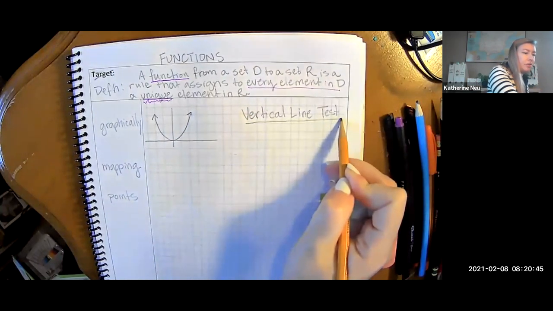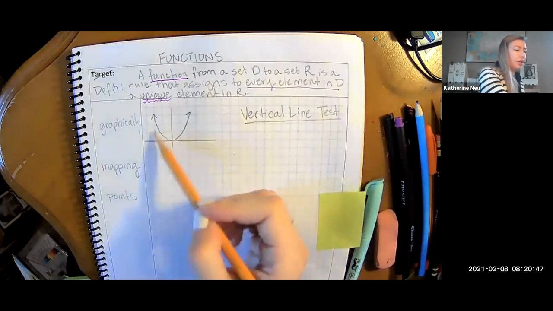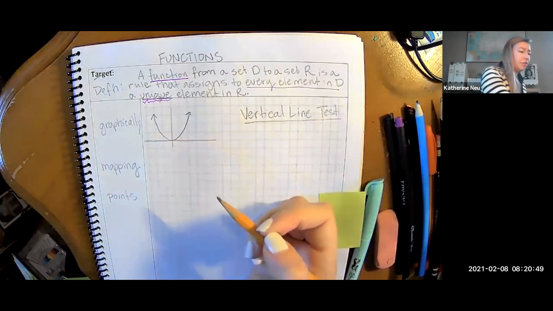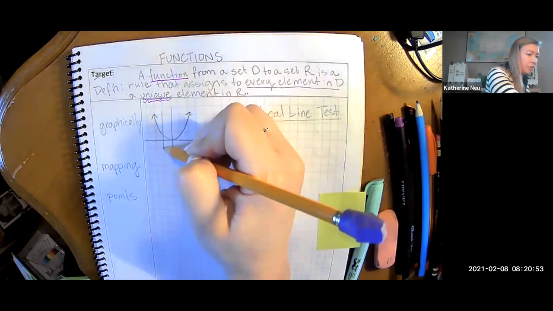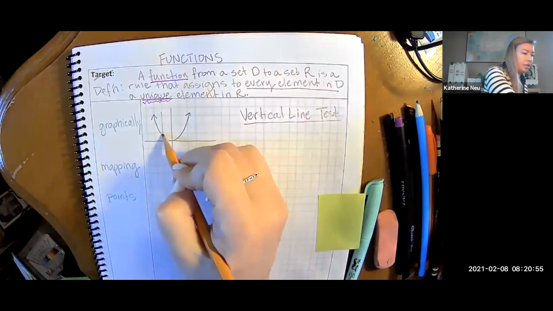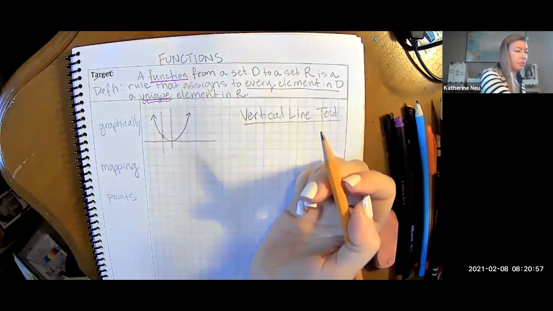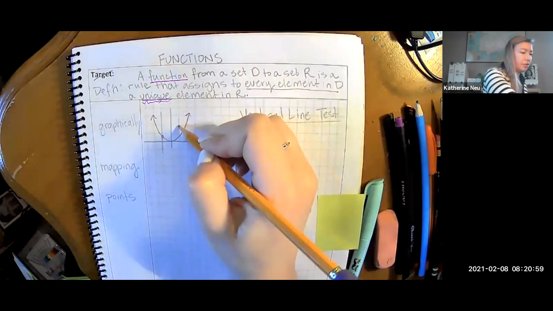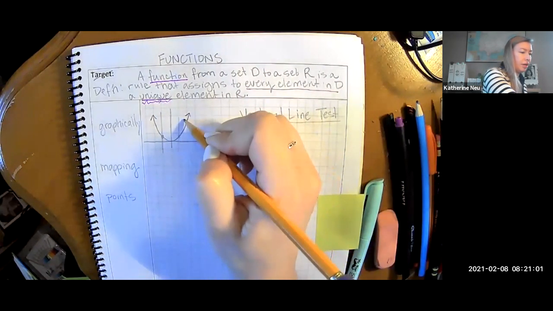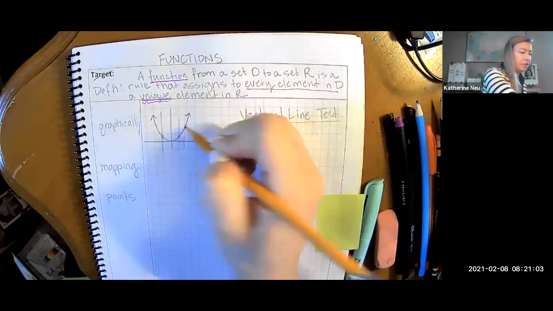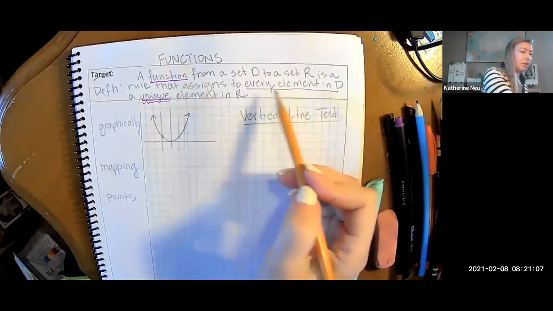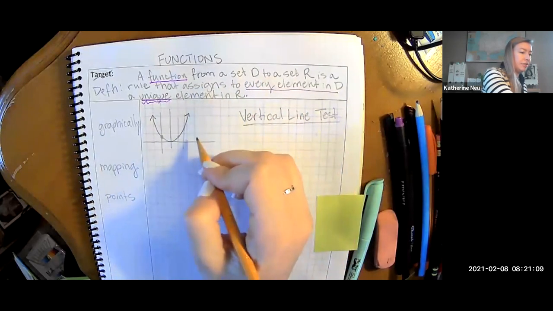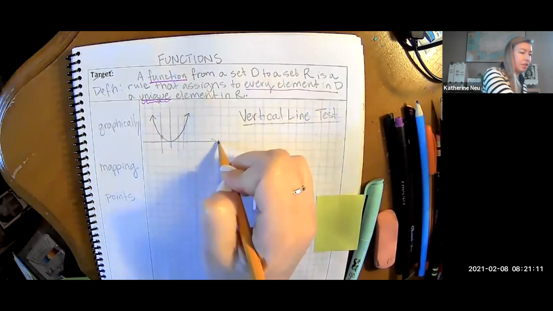So basically all you do is you look at your graph, and if you can drop a vertical line down anywhere and it only hits one point, then it's a function. So here I can drop a vertical line down, here I can drop a vertical line down, anywhere I can drop a vertical line down, and it's only going to hit one point. That is our unique element in D. So this is kind of like our D here.